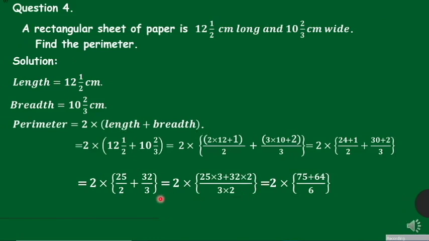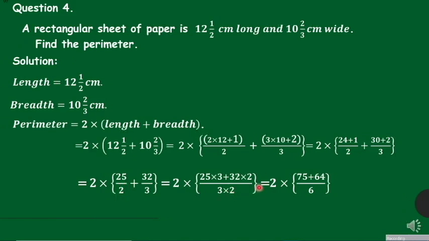Now here what you need to do is multiply the denominator of the second fraction with the numerator of the first, and the denominator of the first fraction with the numerator of the second, or you can say by cross multiplication. 25 you will multiply with 3 and 32 you will multiply with 2. Then afterward you multiply both denominators and write it at the denominator place.